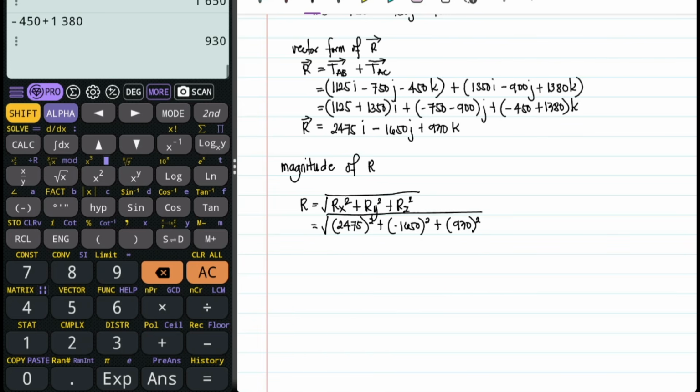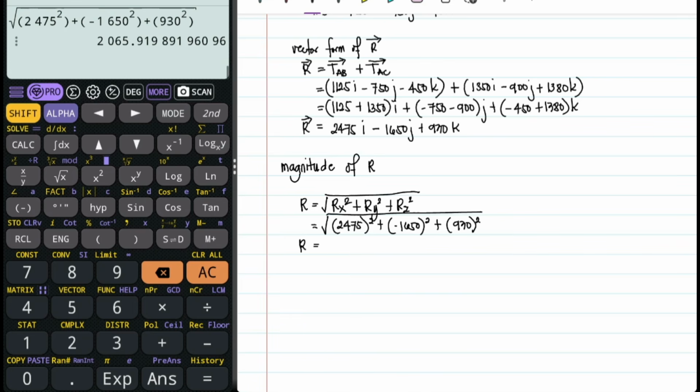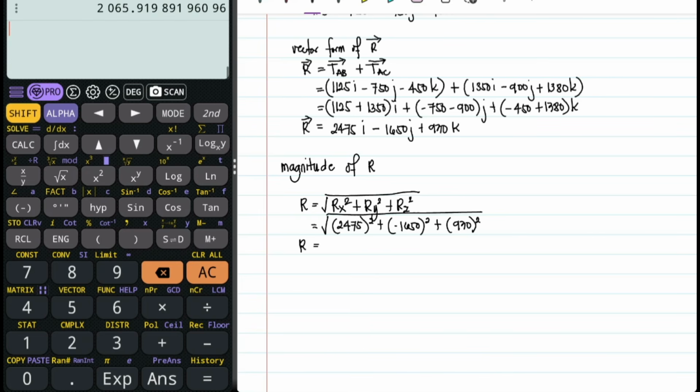Then we input everything in our calculator. Okay, there is some numerical discrepancy.